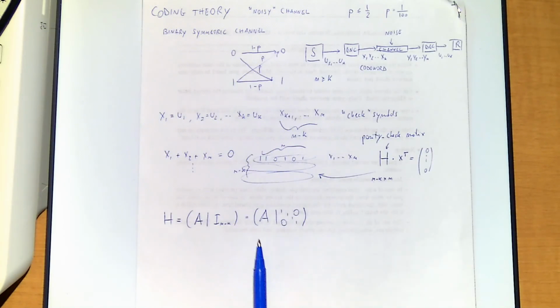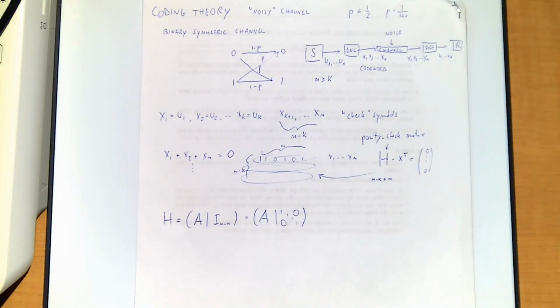So this means that, again, the first row will define the first check symbol as a function of all the previous ones, and then the second row will define the second check symbol as a function of all the previous ones, and so on. So it turns out that this is the most intuitive way to encode messages, and the most intuitive way of defining a parity check matrix, right?